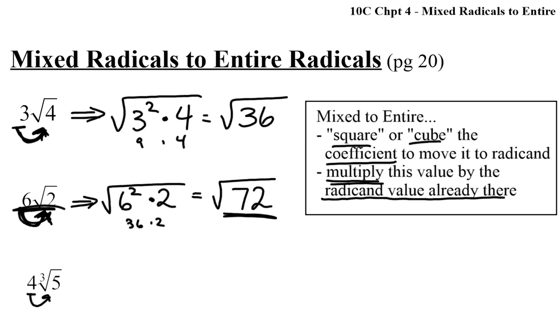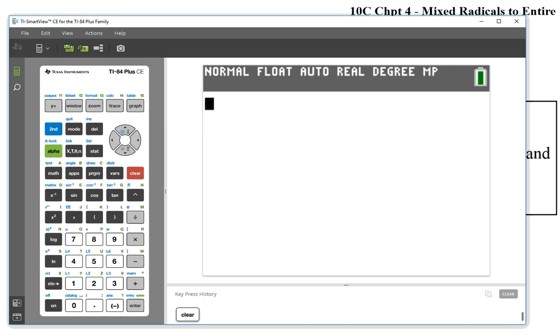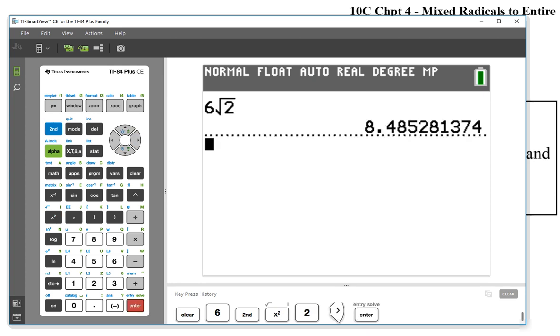We can always double check. Note that with a calculator, you can try all you want, but you can't turn a decimal value into a radical. Calculators can't do that. But we can make sure that we've done it correctly by checking that 6 root 2 equals root 72. Let's try that. 6 square root 2 has a value of 8.48, blah, blah, blah.